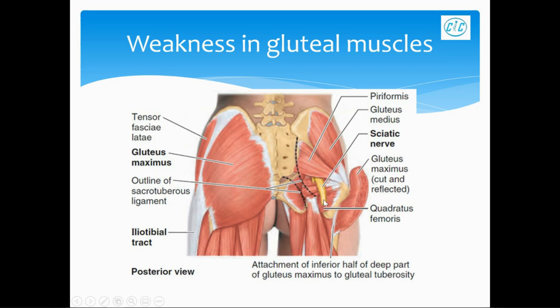So sciatica could be caused in multiple different ways. We talk about the piriformis syndrome, and now we are saying that if the gluteal muscles are weakened, it causes a loss of cushioning in the buttock area, so that when the patient sits, this bony structure can put pressure on this nerve, or the chair you're sitting on can easily compress this nerve.